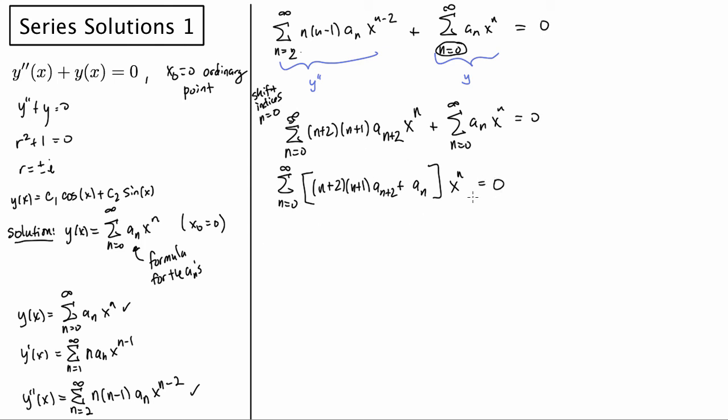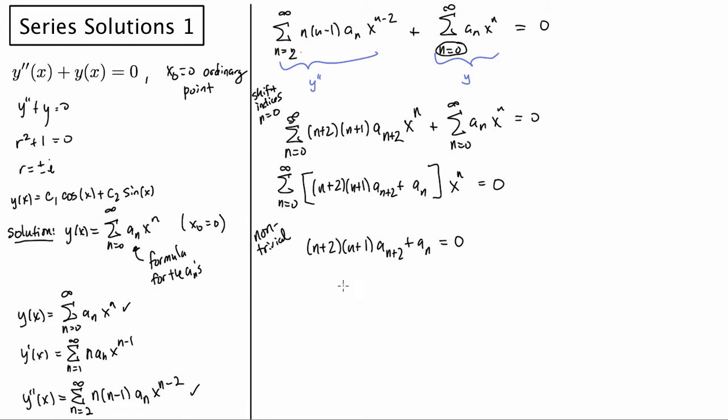And so this is going to be equal to 0, which means one of two things. It means that either x is equal to 0, which is completely boring. We already know that y equal to 0 is the trivial solution. So if I want non-trivial answers, which I do, a non-trivial answer occurs whenever this coefficient becomes 0.